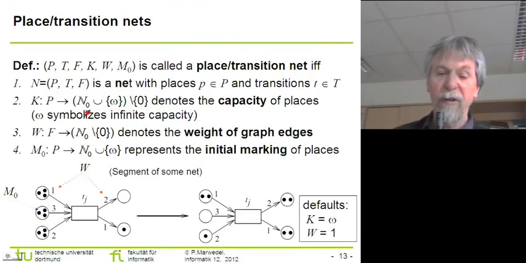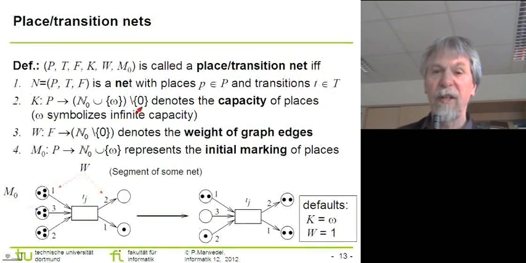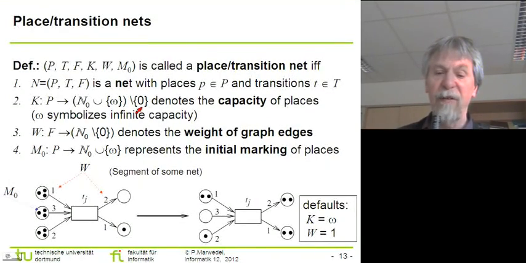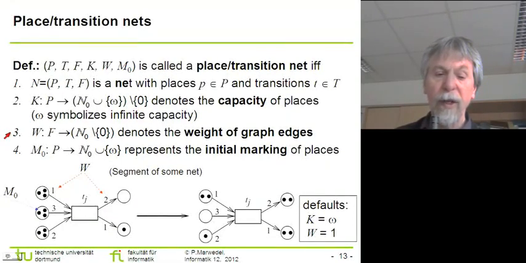Now this rather complicated dealing with the zero aims at making really sure that you understand that we remove the zero there. Having a place that has a capacity of zero does not make too much sense, because we could leave that out of our model right away. Then we have the fifth element of the tuple, which is the weight.